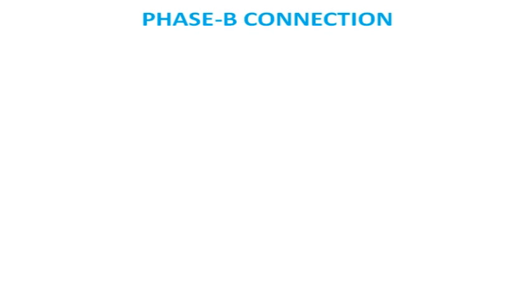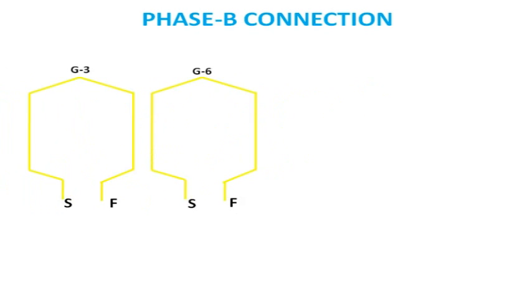The gap from phase A coil group will be the third coil group, and the gap between the phase B coil groups will be again 2 coil groups. So all the coil groups in phase B will be group 3, group 6, group 9 and group 12.